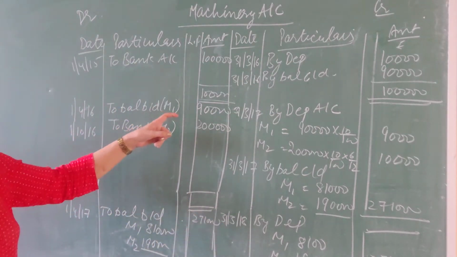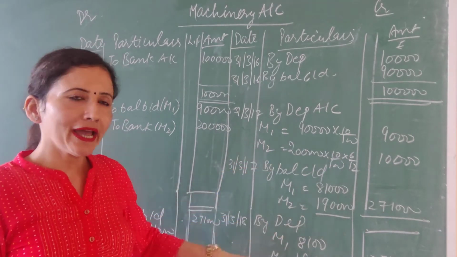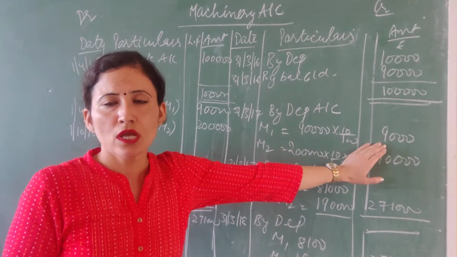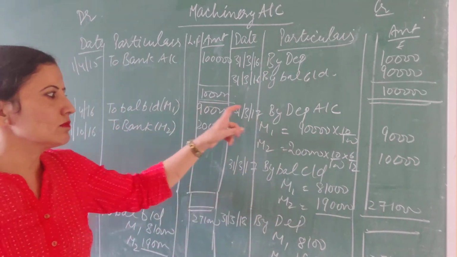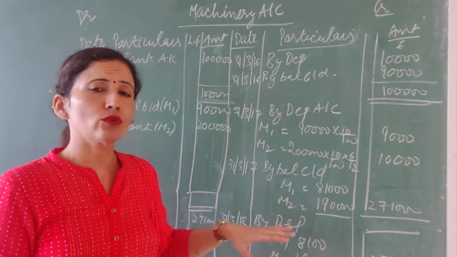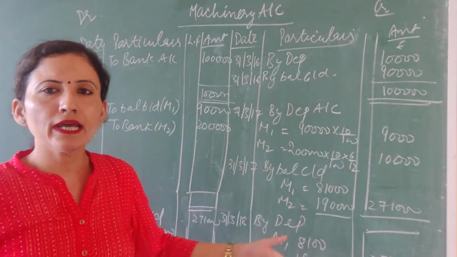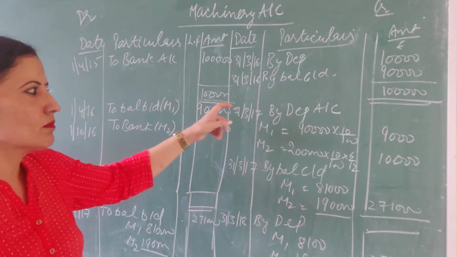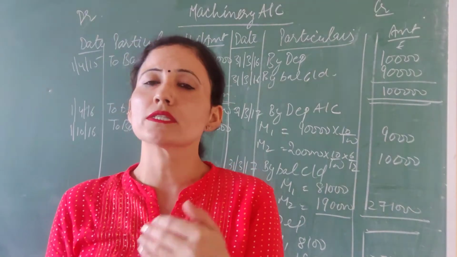The first machine has the written down value 90,000. And in this year I have charged depreciation 9,000. So what will be the written down value of M1? It would be 90,000 minus 9,000, that is 81,000. Right? So this you have to write down on your closing part. This is very important. So again I am repeating, 90,000 minus 9,000 is the carried down value of the first machine, that is M1.